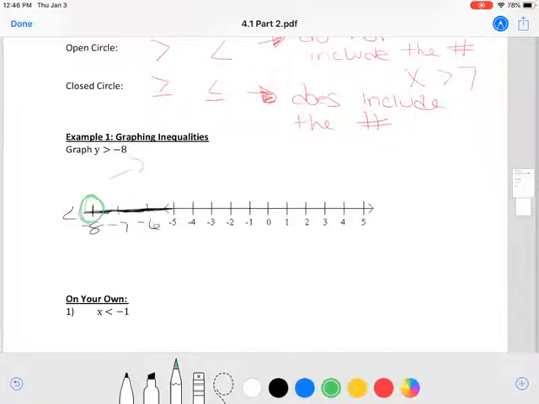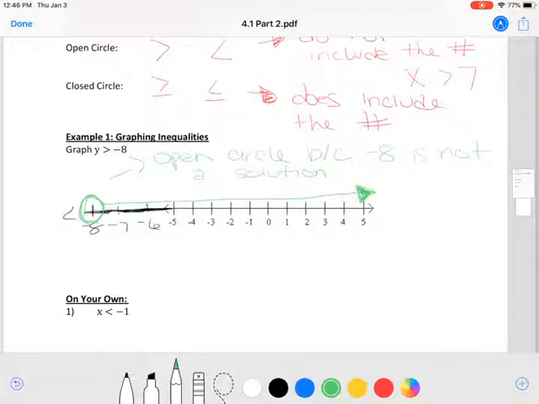This is an open circle because negative 8 is not a solution. Okay, now we have to draw our arrow. So which way is this graph going? If we're saying y is any number greater than negative 8, we're going to be moving in the right direction.